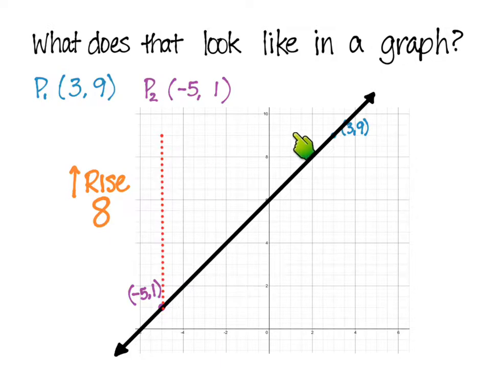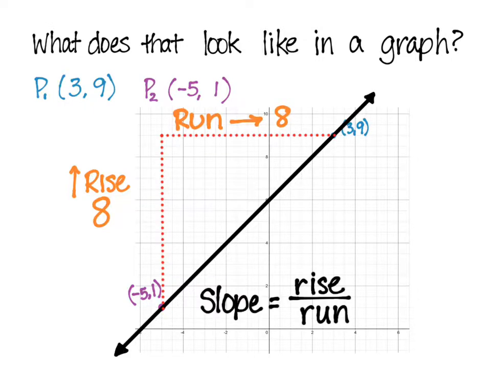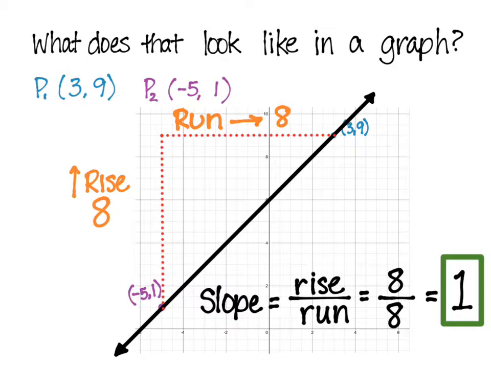My run would be how far it takes to go over. So my run is also 8. Slope is the rise over the run, which is 8 divided by 8, which is 1. And you might say, Miss Lobbs, when we did the numbers, we got negative 8 divided by negative 8. That's because we went in the other direction. We went back. This other direction would be negative 8, and going down would be negative 8. So it all depends on your perspective, which point you start with.